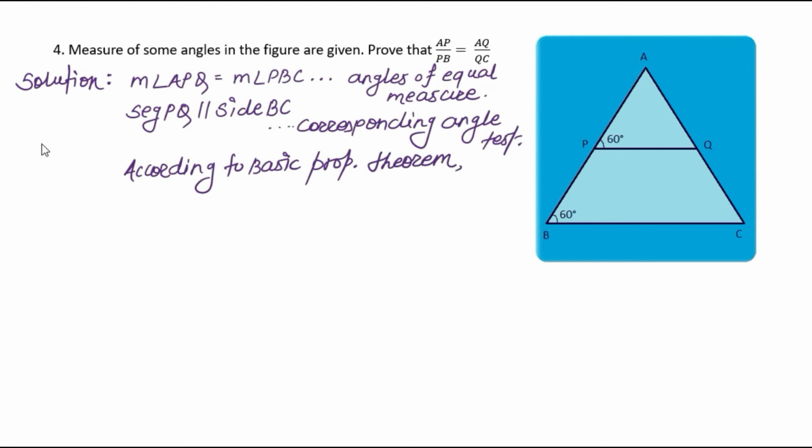Basic proportionality theorem, don't write BPT only. So from BPT we can say AP upon PB is equal to AQ upon QC. So this is what we have to prove. So hence proved.